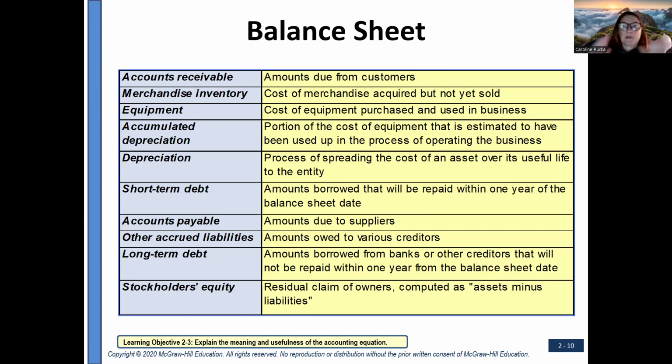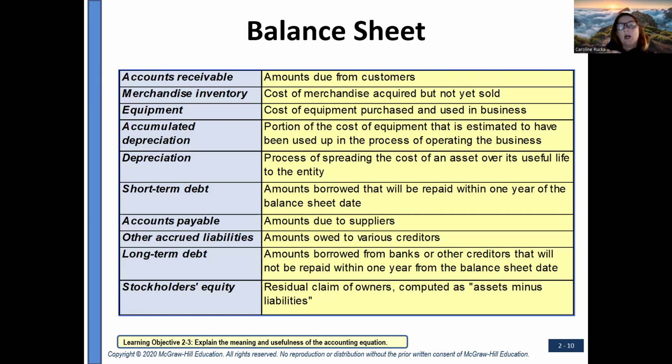Equipment, as in property, plant, and equipment, that's a fixed asset. That is some large tangible asset that we use in the normal course of business. And remember, we depreciate the long-term assets using depreciation.